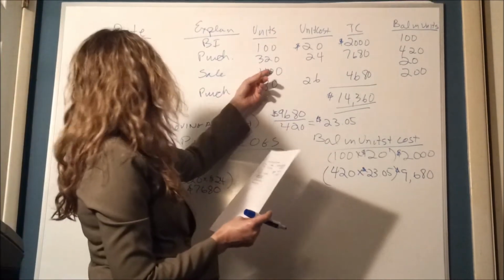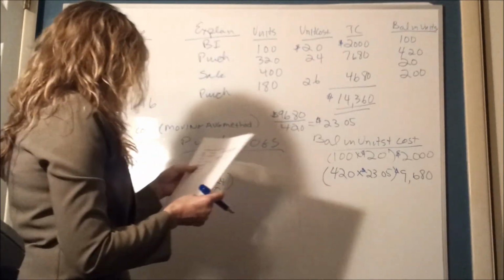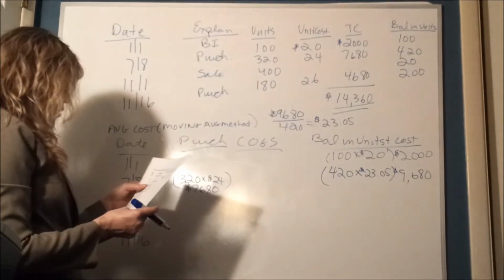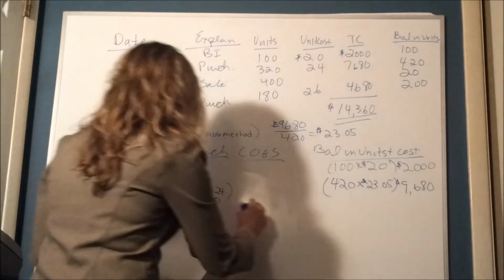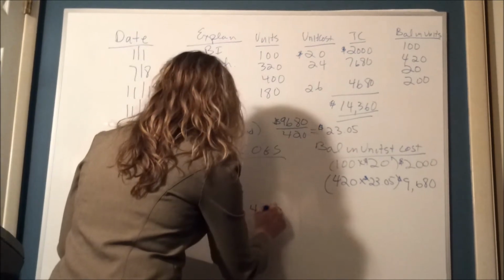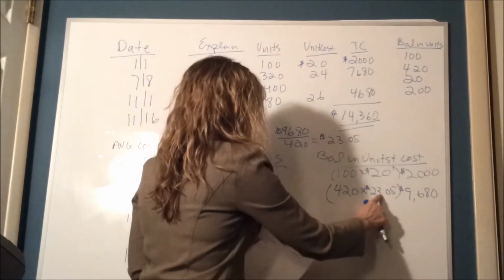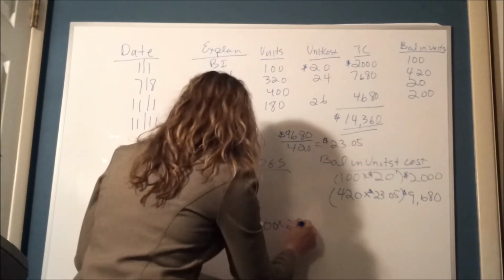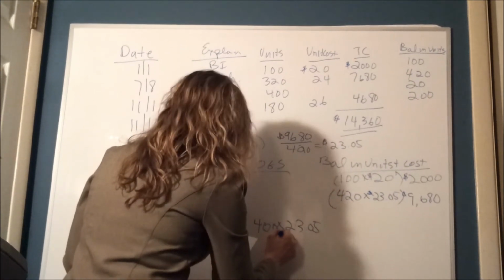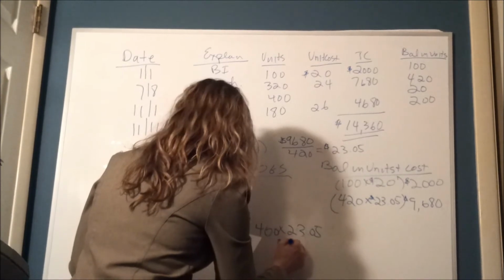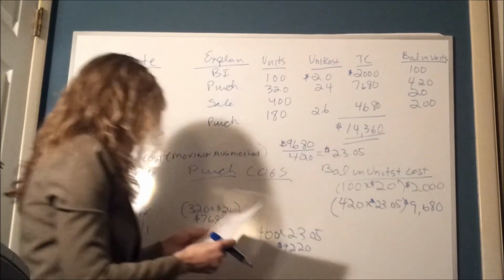As I said, our sale was November 1st. We've sold 400 units. So at this point, we want to look at our cost of goods sold for those 400 units. We have sold 400 units at $23.05 a unit. If you multiply that out, that will equal $9,220.